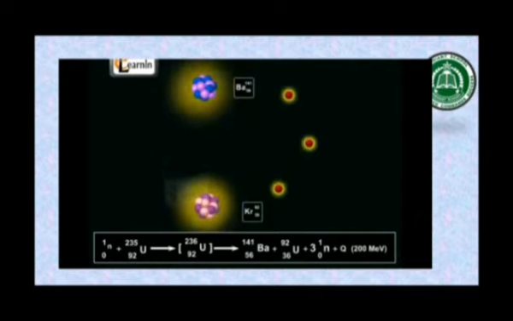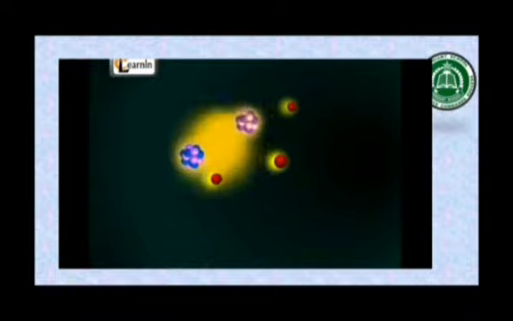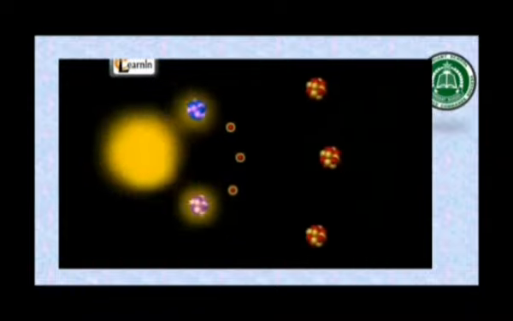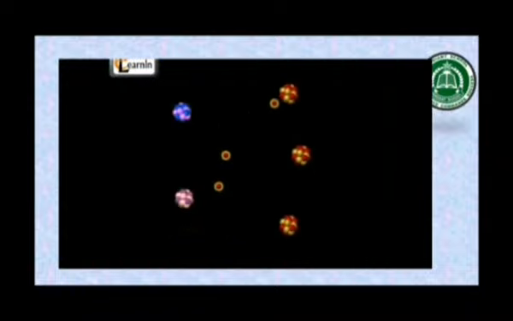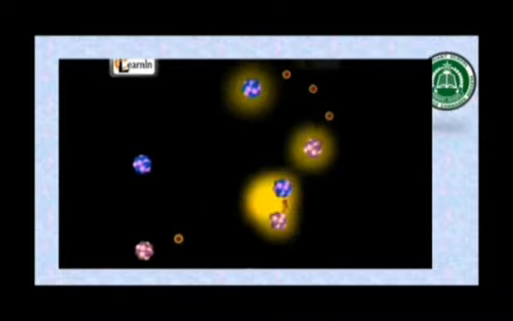In addition to these two nuclei, 3 neutrons are also emitted, as well as a high amount of energy denoted in the equation by Q. Since uranium-236 emits 3 neutrons in the reaction, these neutrons can be absorbed by other uranium-235 nuclei, resulting in a chain reaction. This leads to exponentially high amounts of energy being released by a single reaction.